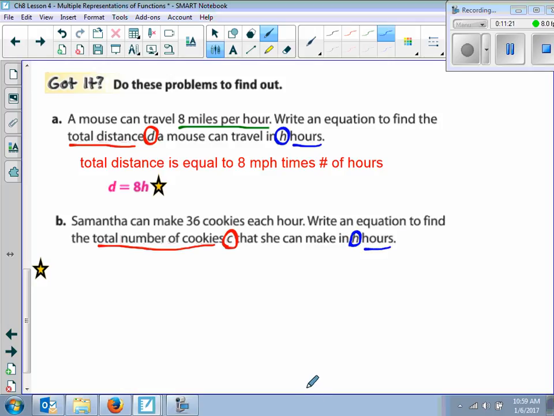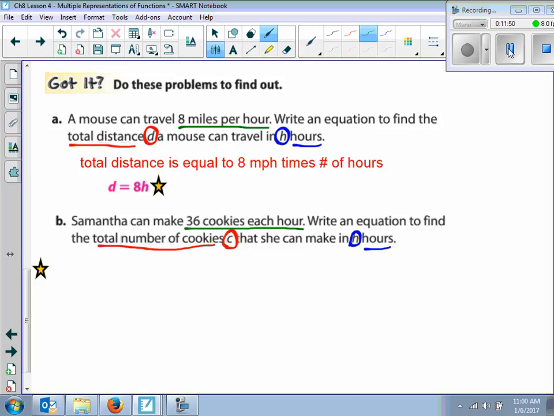So now we want to look at the words again. Look up there and see what's going to tell us our expression. Well, Samantha can make 36 cookies each hour. And what does each mean? Multiply. Very good. So what is my sentence going to be? What is my function in words going to be? Yes.